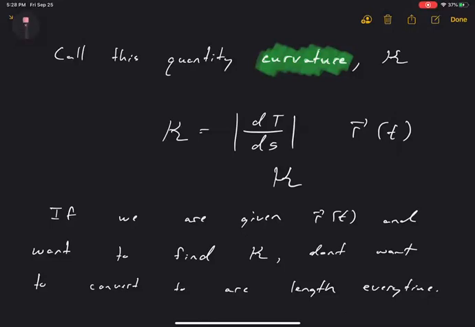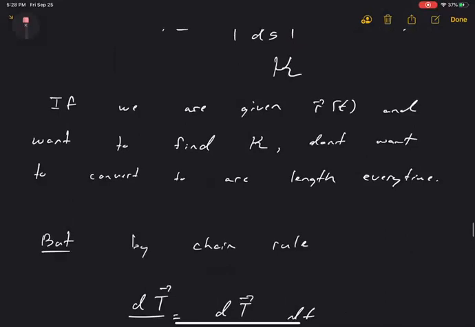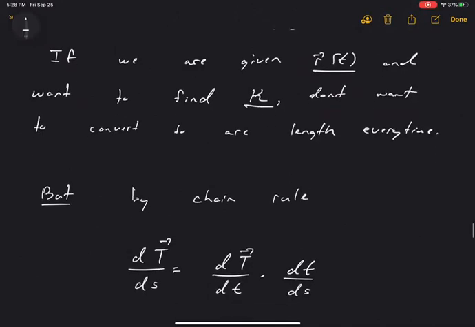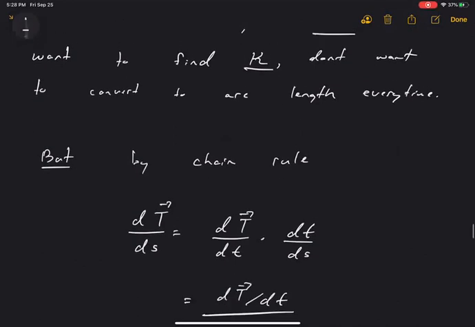No, there's a shortcut. So let's say we're given r of t and we want to find the curvature kappa, and we don't want to convert to arc length first. We don't want to do that every time. It'd be tedious.